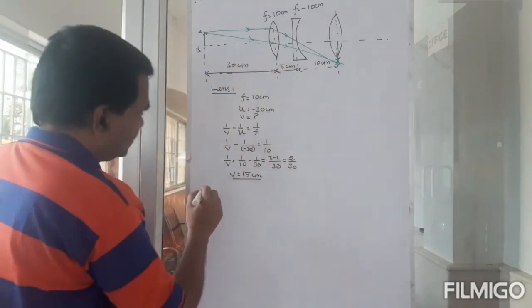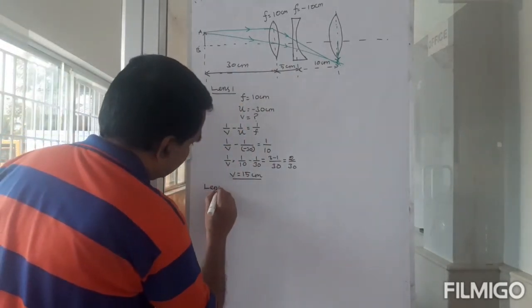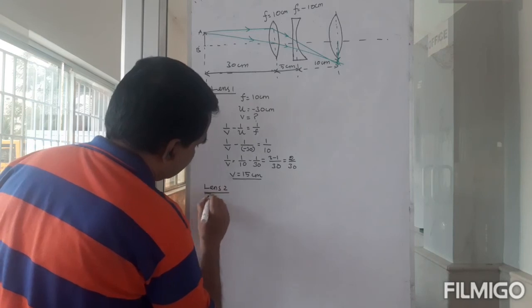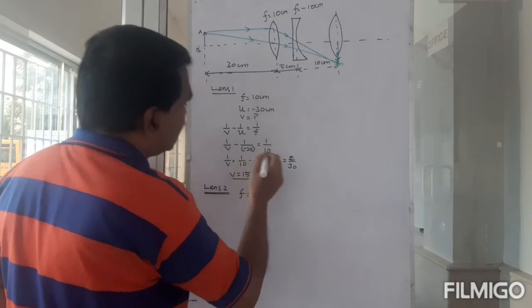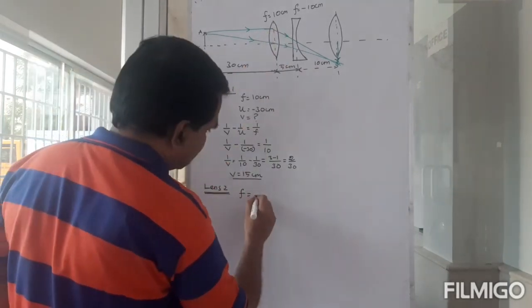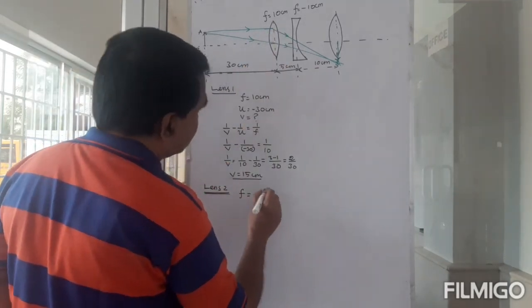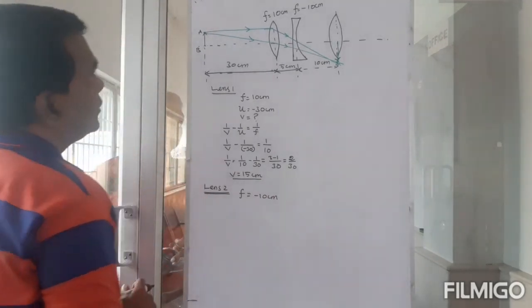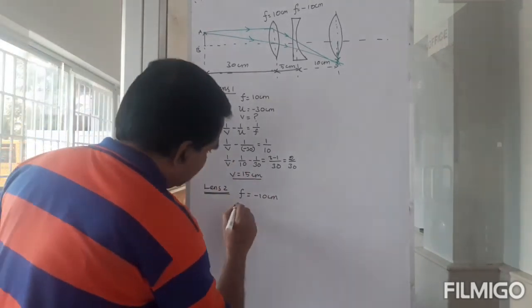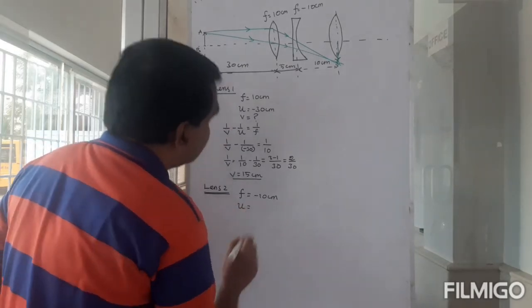Now lens 2. The focal length of that lens is minus 10 centimeters. Now, what is u for that lens?